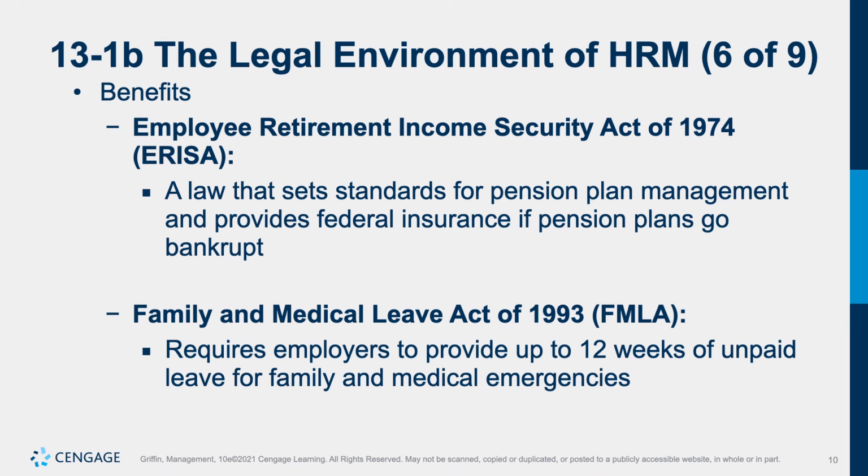Also, we'll be looking at the Family and Medical Leave Act of 1993, otherwise called the FMLA, right? It basically requires employers to provide up to 12 weeks of unpaid leave for family and medical emergencies.